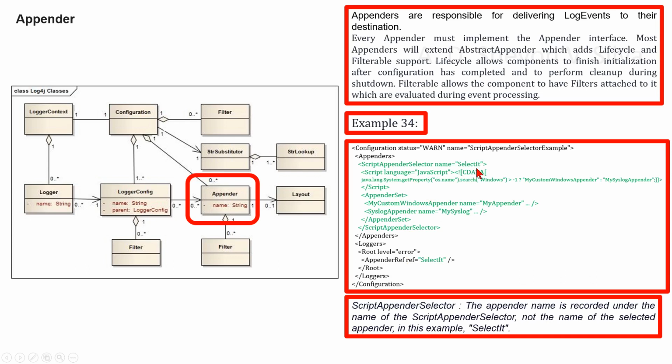When the configuration is built, the script appender selector calls the script plugin to compute the appender name. Log4j then creates one of the appender names listed under the appender set using the name of the script appender selector. After configuration, Log4j ignores the script appender selector.